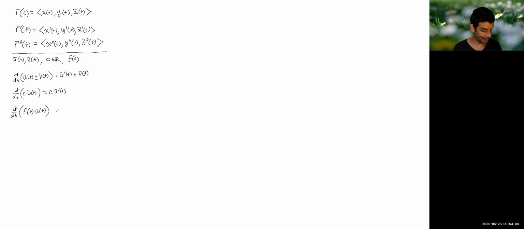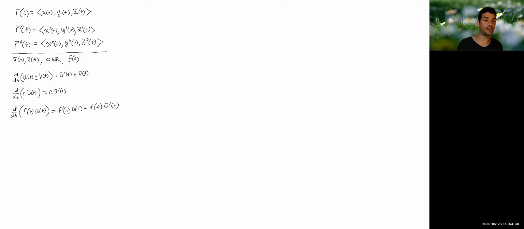And so what we end up with is a version of the product rule: the derivative of f of t times u of t plus f of t times the derivative of u, right? So again, we're using some notation here, and we have to keep in mind what things are.